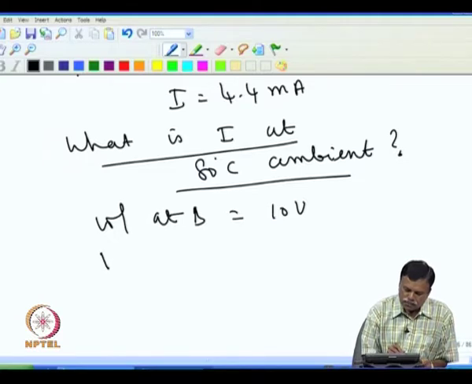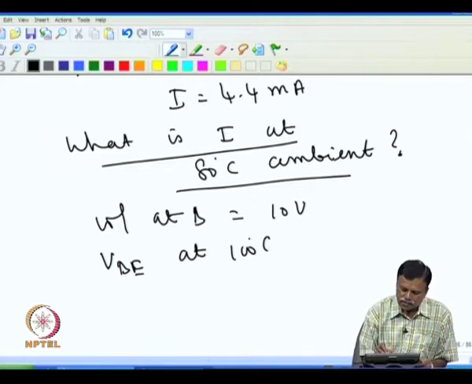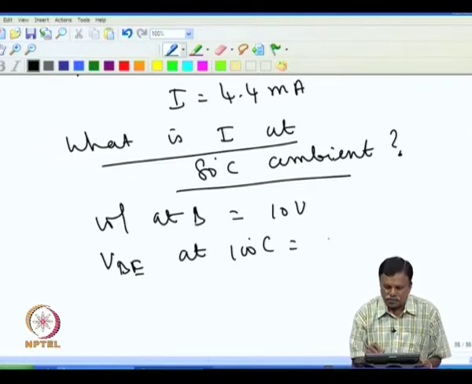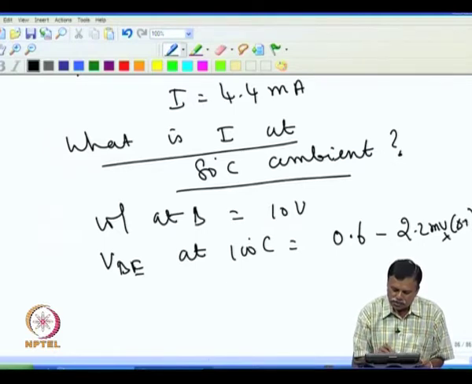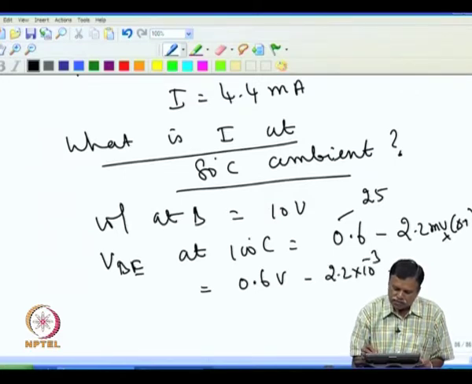Then VBE at 80 degree C would be the value at 25 degree C, which we got as 0.6 volt, minus 2.2 millivolt into delta T. That is 0.6 volt at 25 degree C, minus 2.2 into 10 power minus 3 into the change in temperature. We now want it at 80 degree, so that will be 80 minus 25, which is 55 degree.